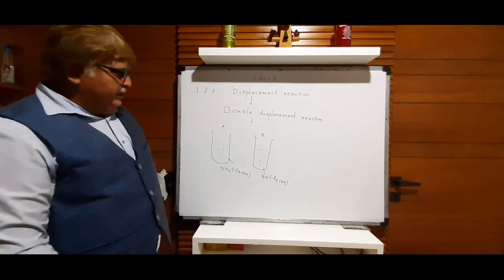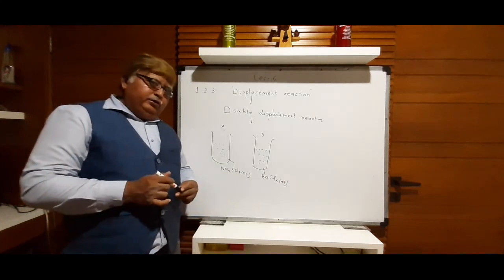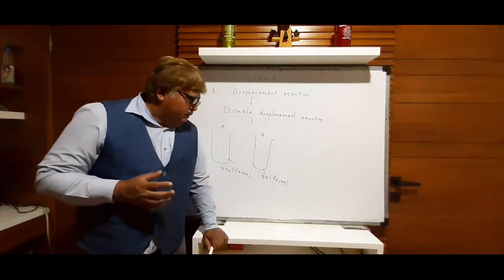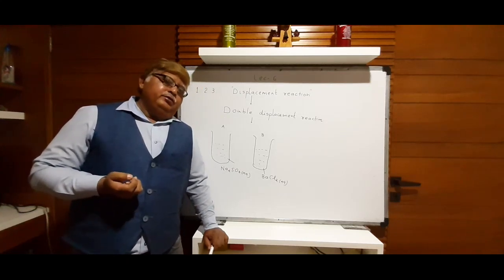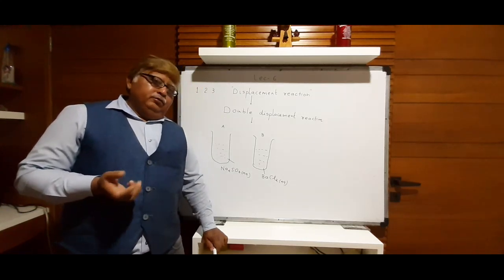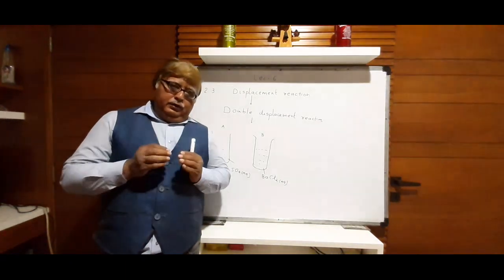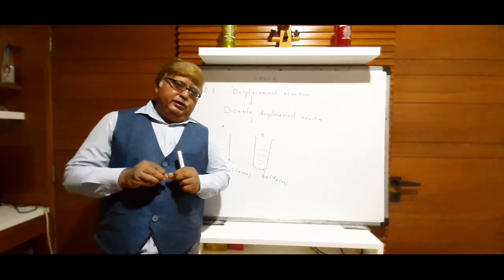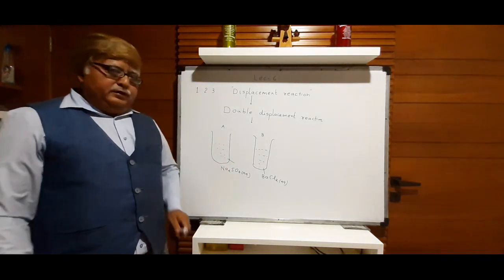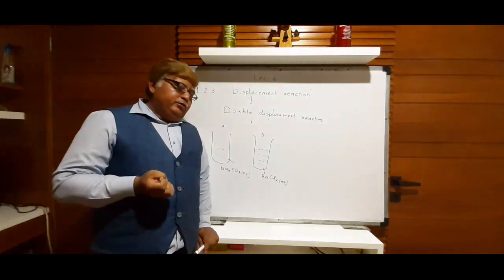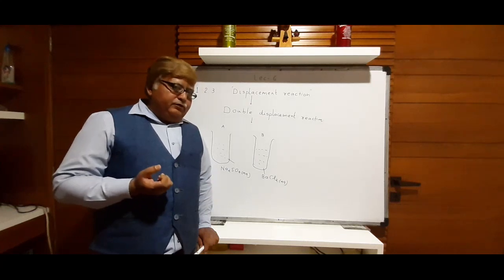Two test tubes I have taken. In test tube A, I have taken sodium sulfate solution. In test tube B, I have taken barium chloride solution. With the help of this activity, we are trying to understand double displacement reaction. Two test tubes, one consisting of sodium sulfate solution, another consisting of barium chloride solution.